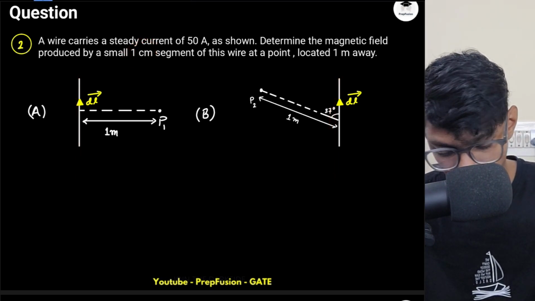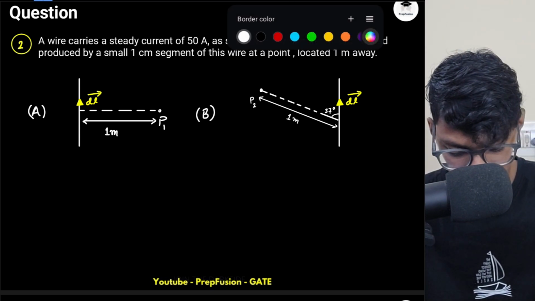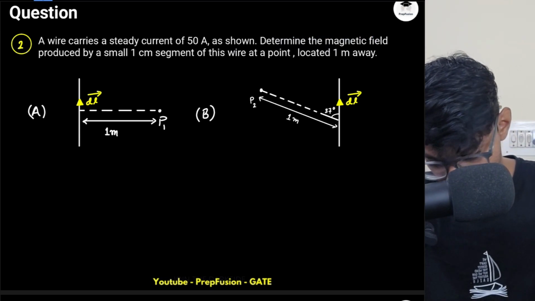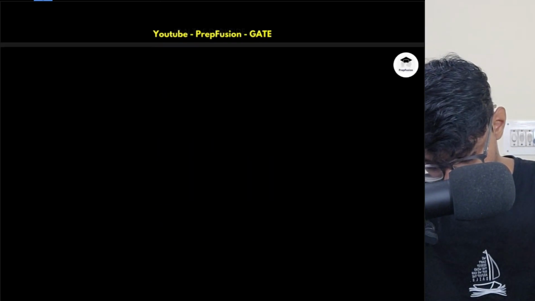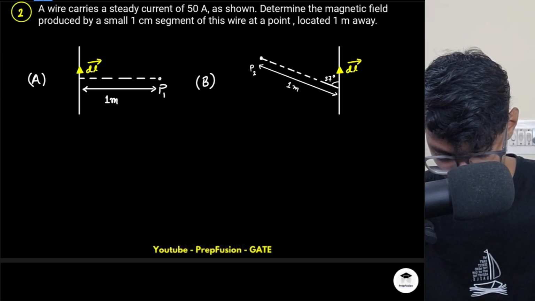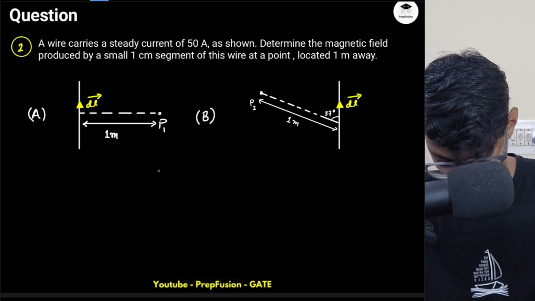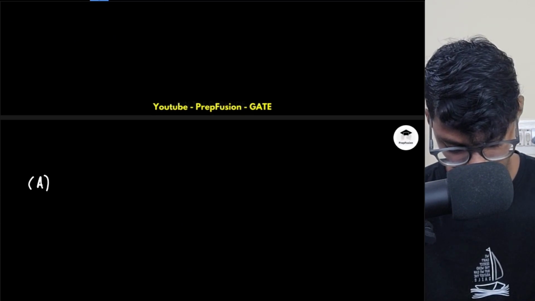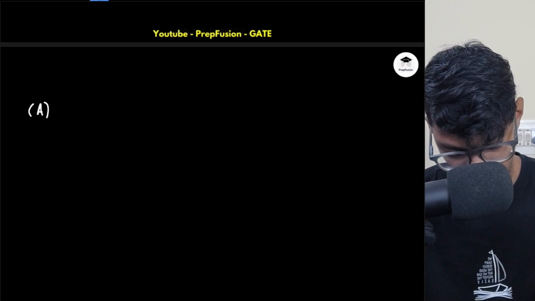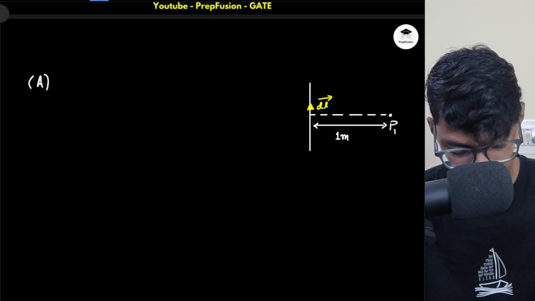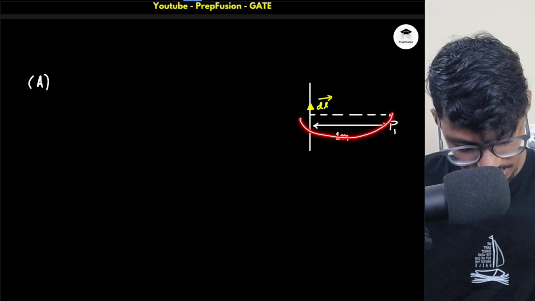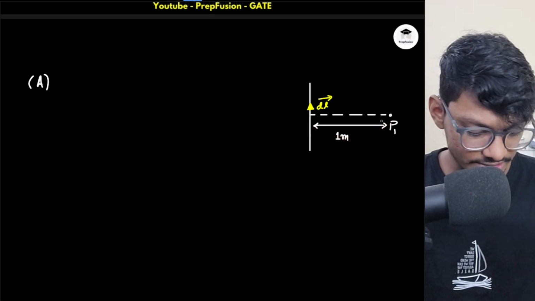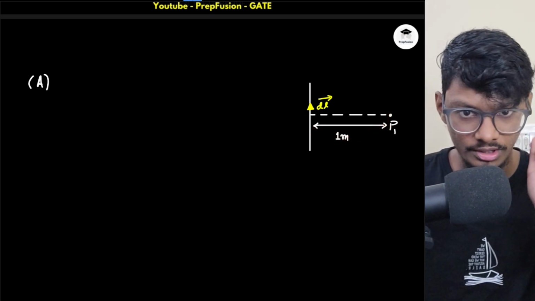Now I can simply write down the solution here for case 1. I will just copy the diagram, and you already know the direction. If I take a cylinder, the direction will be along the a-phi cap direction.